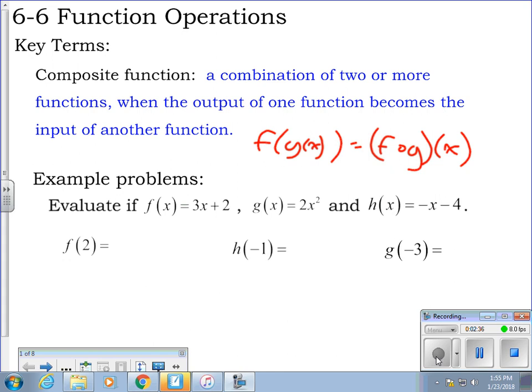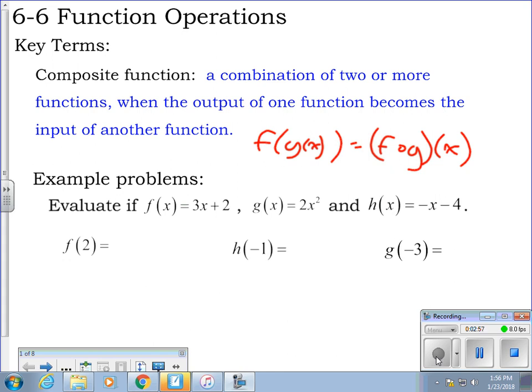So for our example problems, we will define the function f as 3x plus 2, g as 2x squared, h as negative x minus 4. Those are our definitions, and all the examples that we're going to do together will essentially use those ones, and I'll have them on every page.